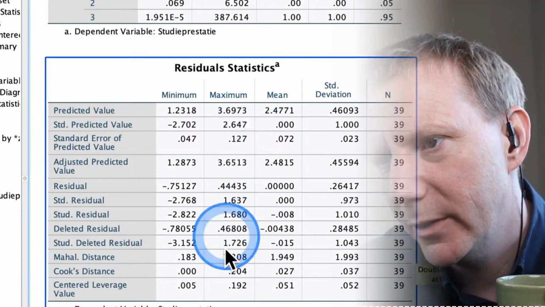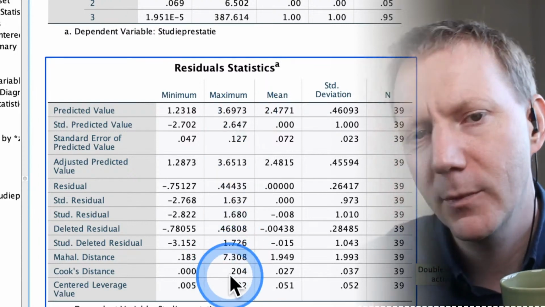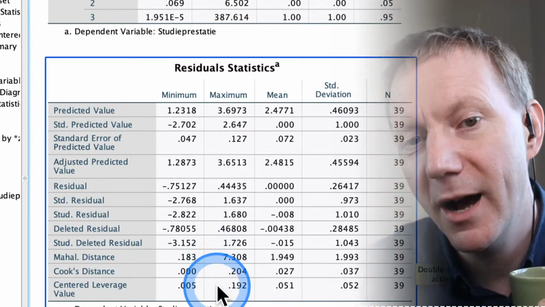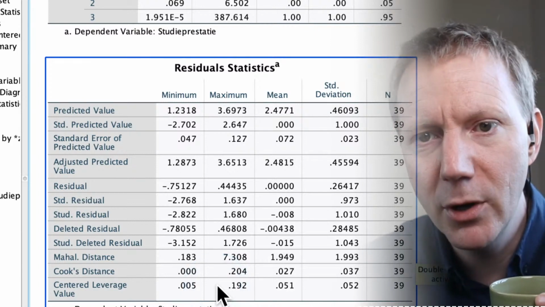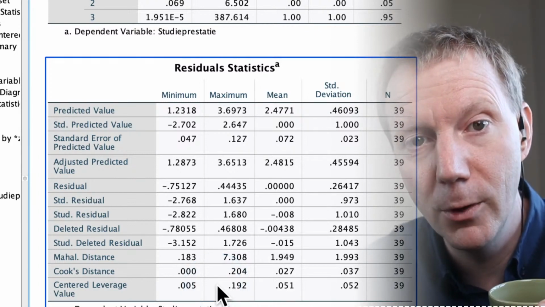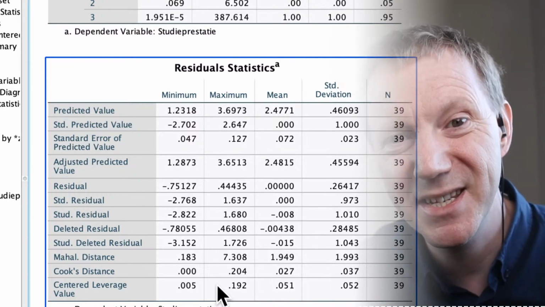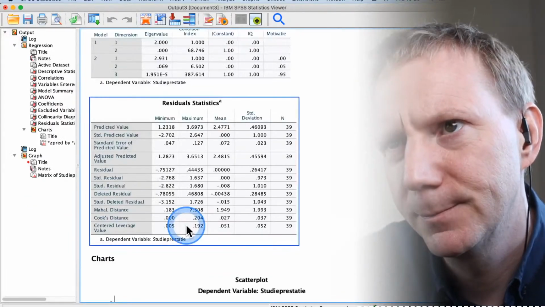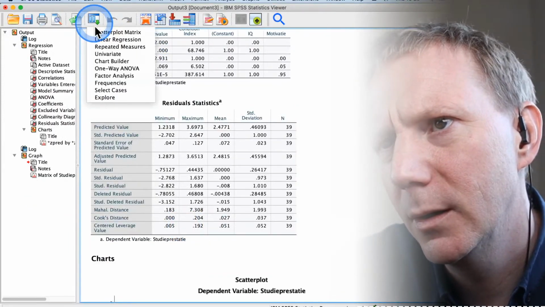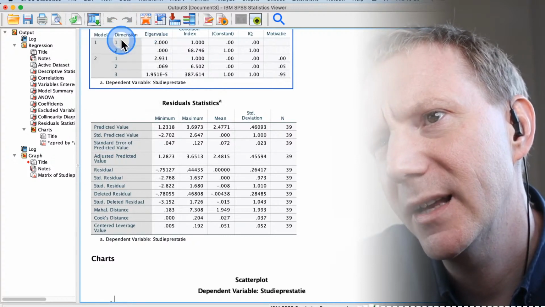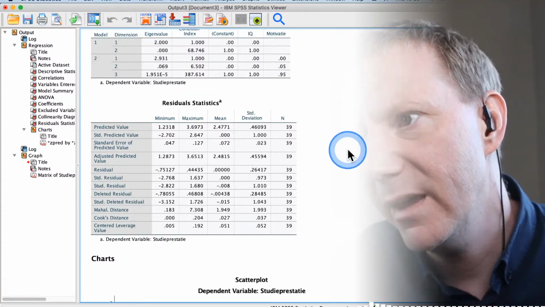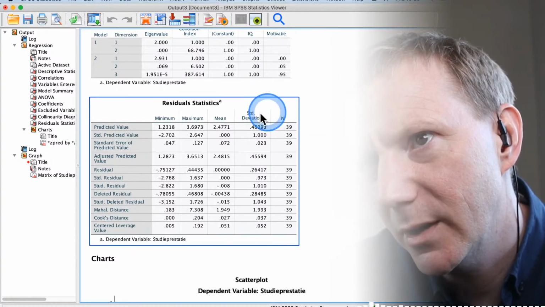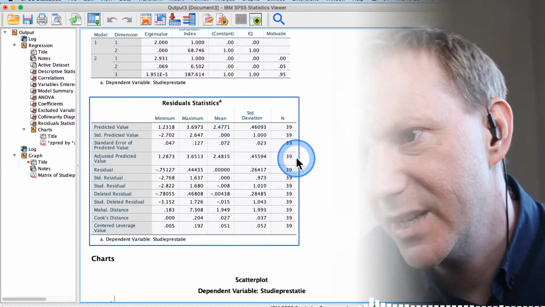But if the maximum values of these three are higher than the thresholds, then you need to go into the data set and look up who the person is that has this higher value. When we ran the regression analysis, we asked to save the Cook's distance, the Mahalanobis, and the leverage in our data set.